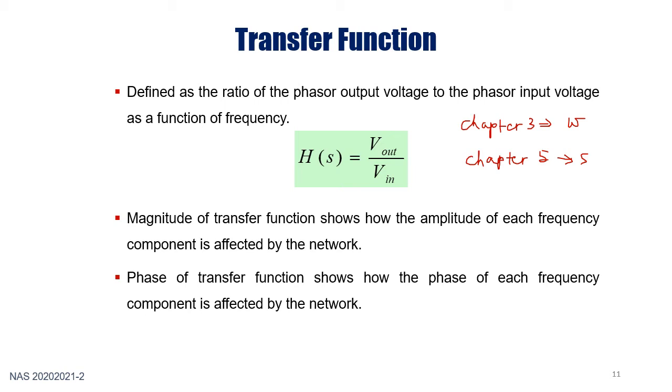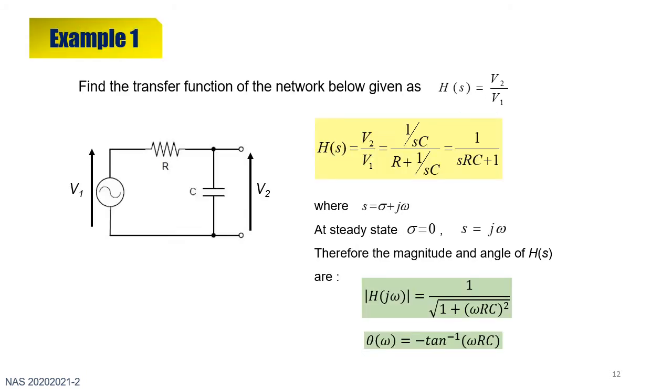So the magnitude and the phase as shown from a transfer function basically show how the system is affected by the complete network.